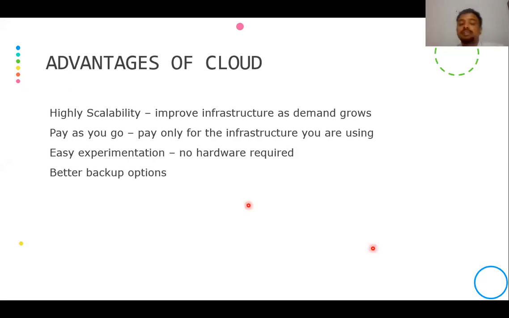Better backup options. In my experience of 7 years on the data engineering and data science side of things, one of the biggest risks is when you don't have backup options for your data, right?